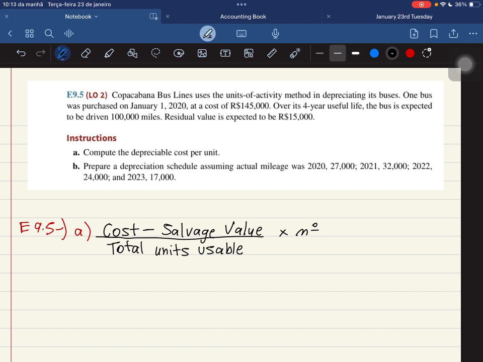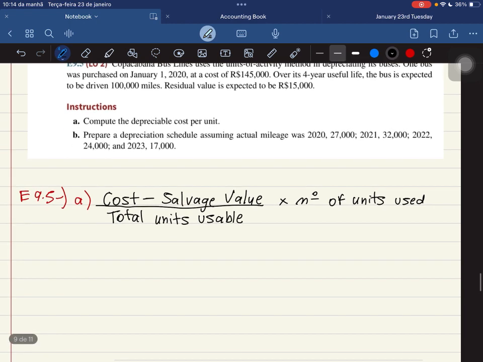In this case, we're talking about buses, but we could be talking about cars, about machines, I don't know. So it is the total units usable for that machine, car, whatever, multiplied by the number of units actually used in that particular year or during the whole process. Well, this is the formula for the units of activity depreciation.